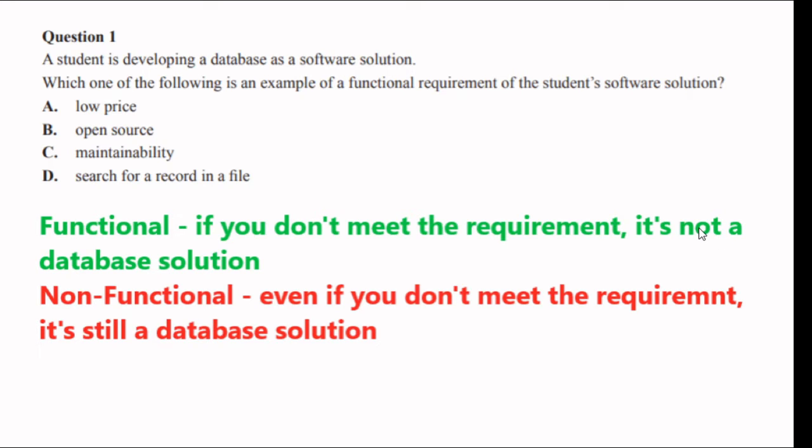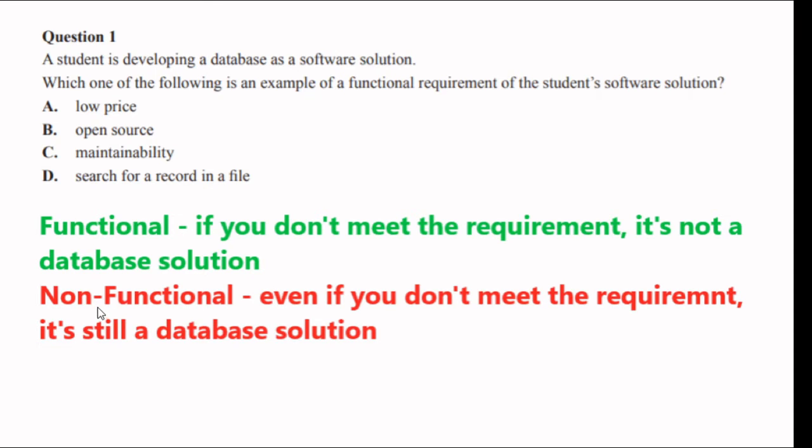question correctly. So when we say a functional requirement, think of this as something where if you don't meet this requirement, then it's not a database. So things like if it's low price, if it's a high price piece of software, it can still be a database. It's just really expensive.